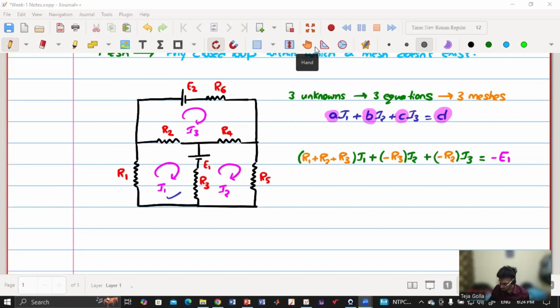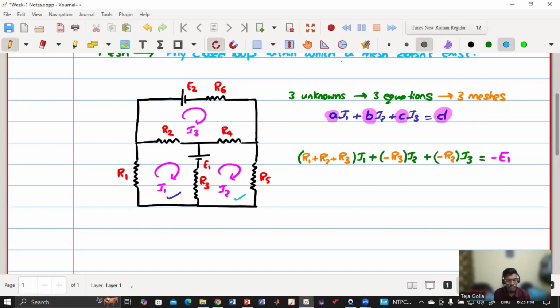Okay, now that I have told the equation for the first loop, mesh M1, can you tell what will be the equation for mesh M2? For this M2, what will be the coefficient of I1?